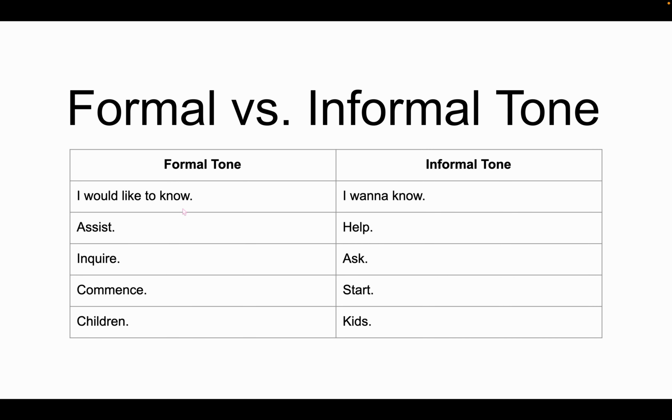So for now, we have a phrase right here, and we have four words that you can just sub out. They're very simple words. With the first one, we'll start with the phrase, I would like to know. That is formal, right? Instead of a more informal tone, which would be, I want to know. This might be something that you say to a friend or a family member or even to a stranger.